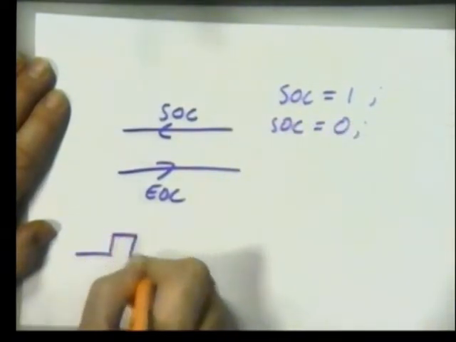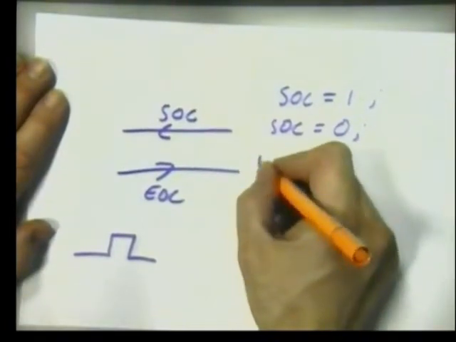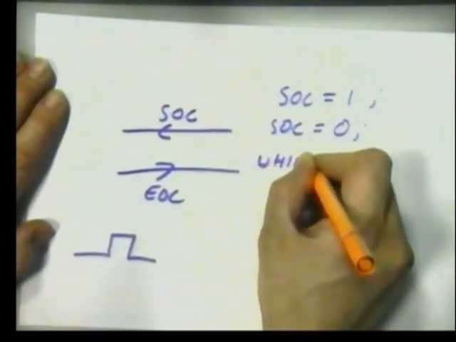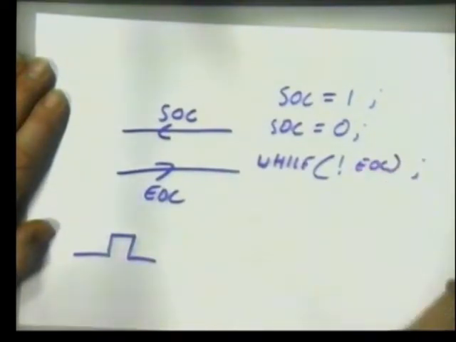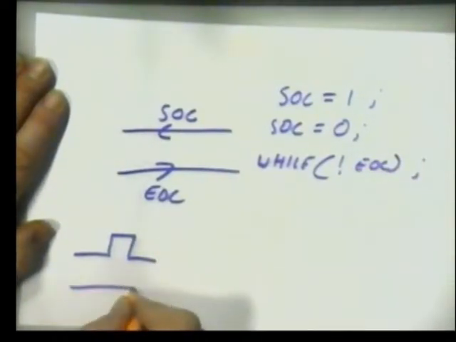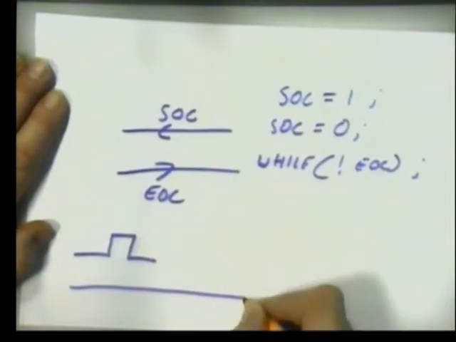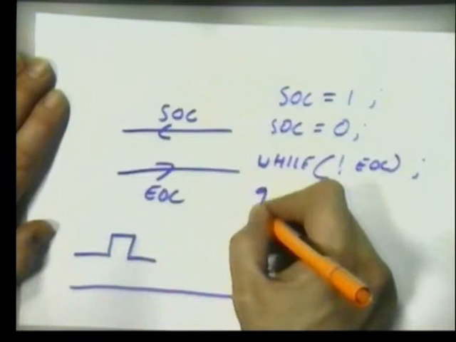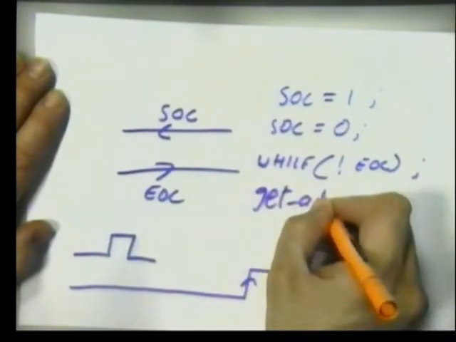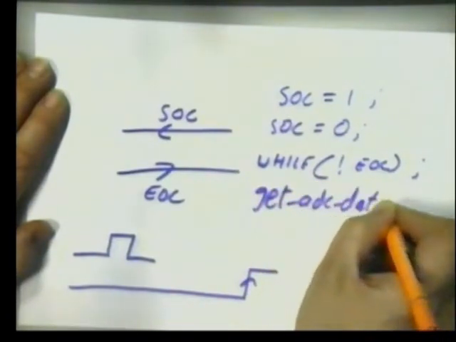That's issued the pulse. While not EOC, sit there doing nothing. So what we're doing is we're waiting for the end of conversion to go high. And when it finally goes high, now we can get the ADC data.